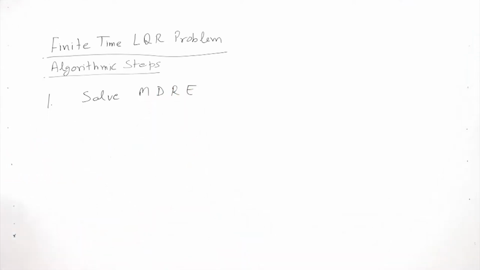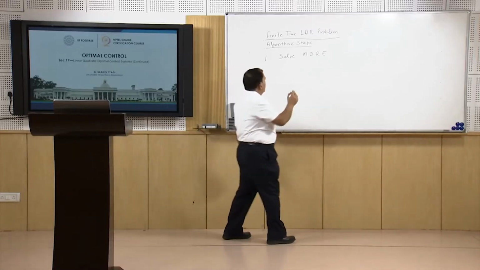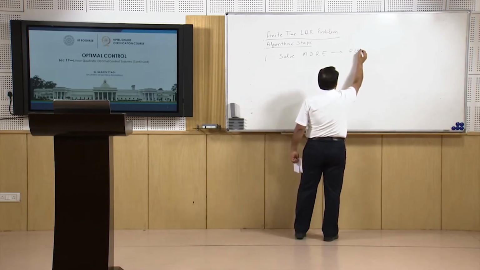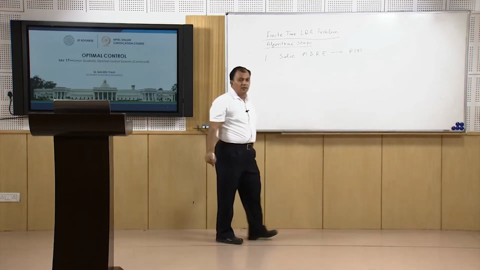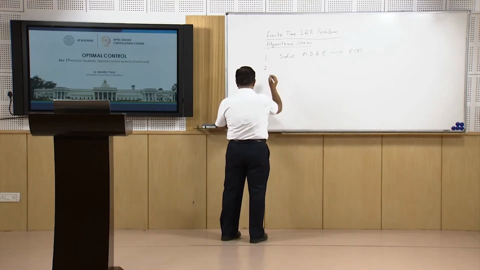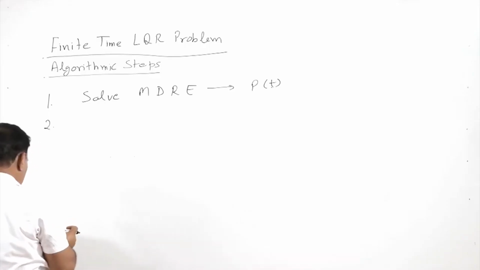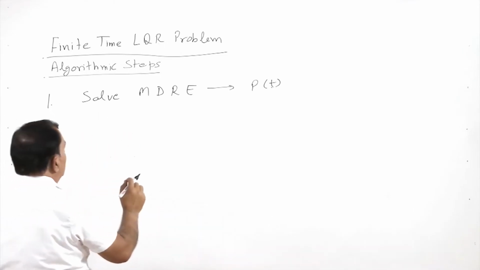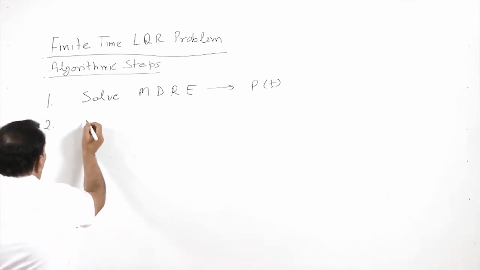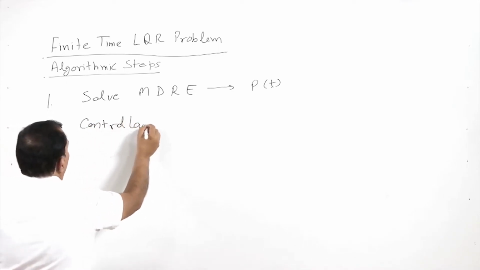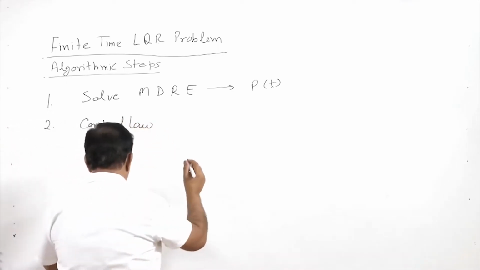What we will get? By this we will get the PT. So, if PT is known, then I can determine the control law. And what is my control law?